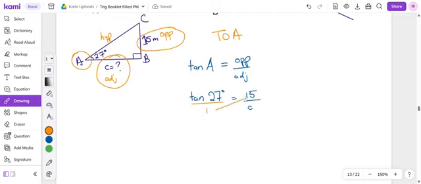And I get 1 times 15 divided by tan 27. So C equals 15 divided by tan of 27 degrees.